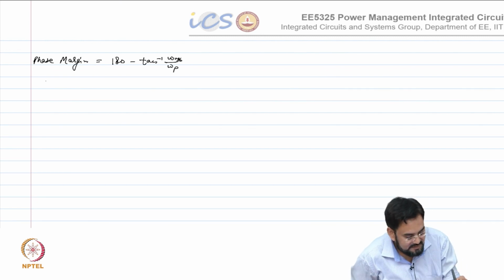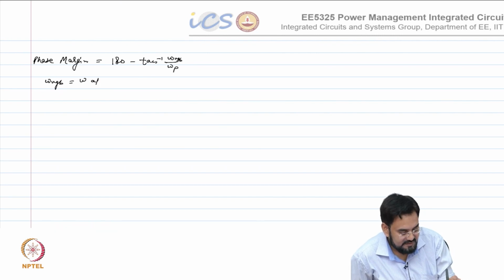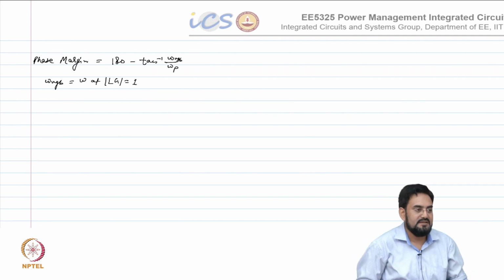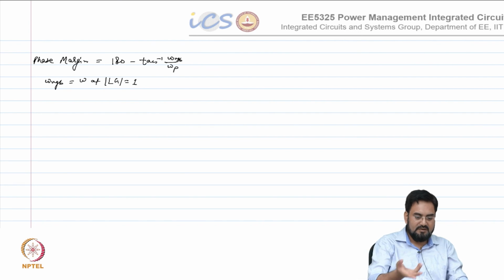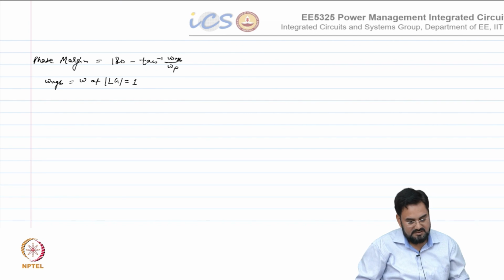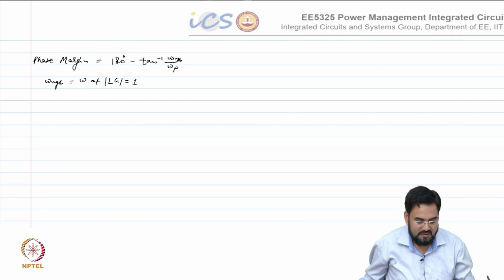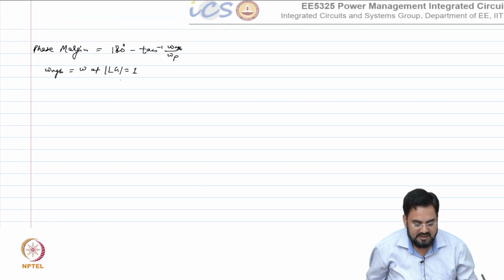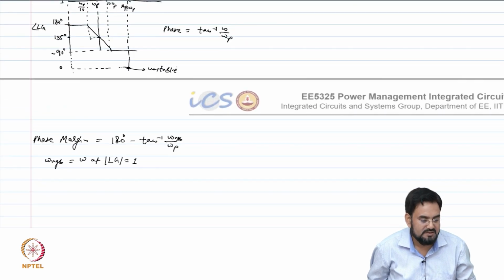Omega UGB is the omega at which the loop gain is unity. At unity gain, that's why I call it unity gain frequency or unity gain bandwidth, UGF or UGB. So whatever contribution of phase you have from that pole at UGB will determine your phase margin.